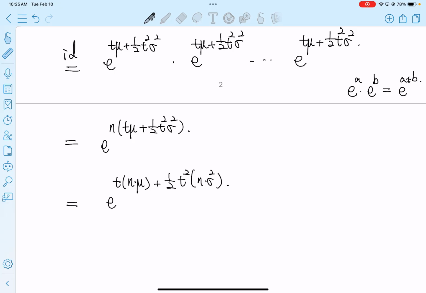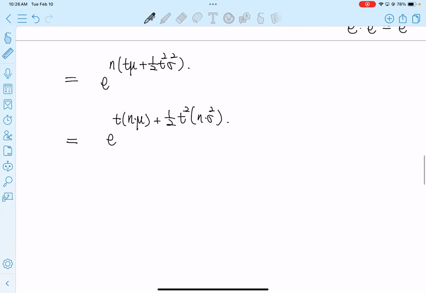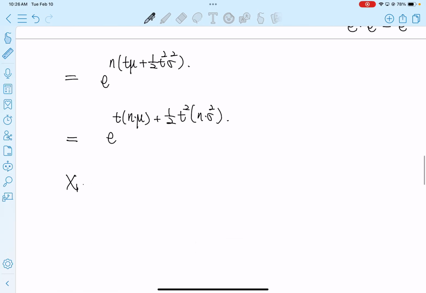By looking at this formula, we can recognize that the sum of the n individual normal random variables also follows the normal distribution, because it shares the same formula here. The only difference is that we have a new mean and a new variance. So now we can claim that x1 plus x2 plus all the way to xn follows a normal. Again, this is identified by the uniqueness theorem.